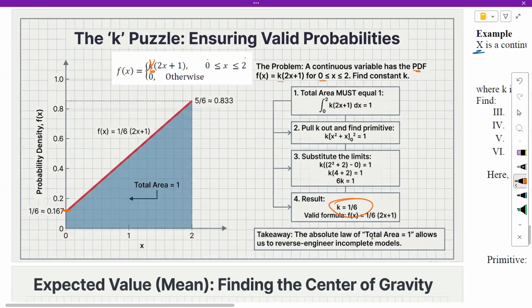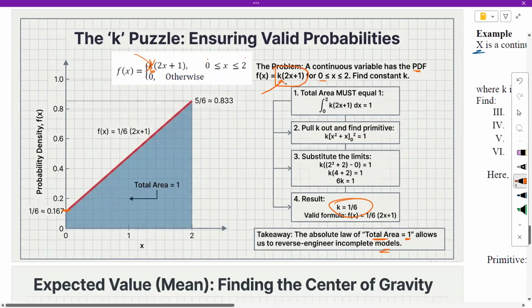The absolute law of total area equal to 1 allows us to reverse engineer incomplete models. Here, this is the initially given incomplete model.